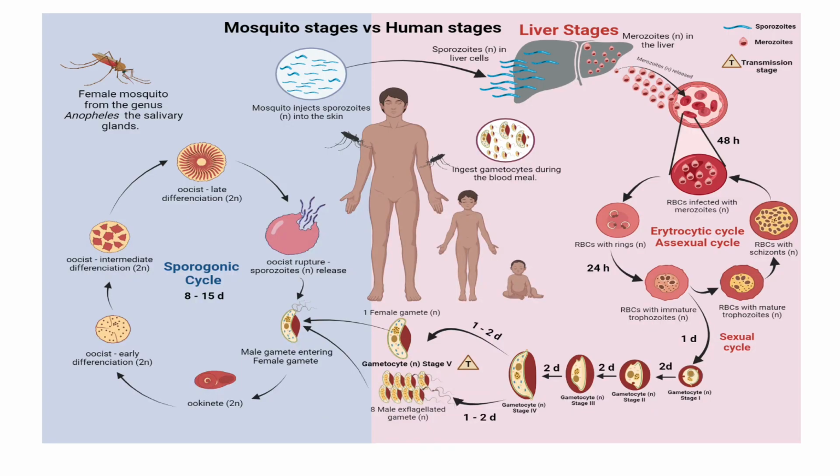They mature there, and after being matured, they are released as merozoites into the blood circulation, invading the normal circulatory RBCs, which were previously not infected with any infection.